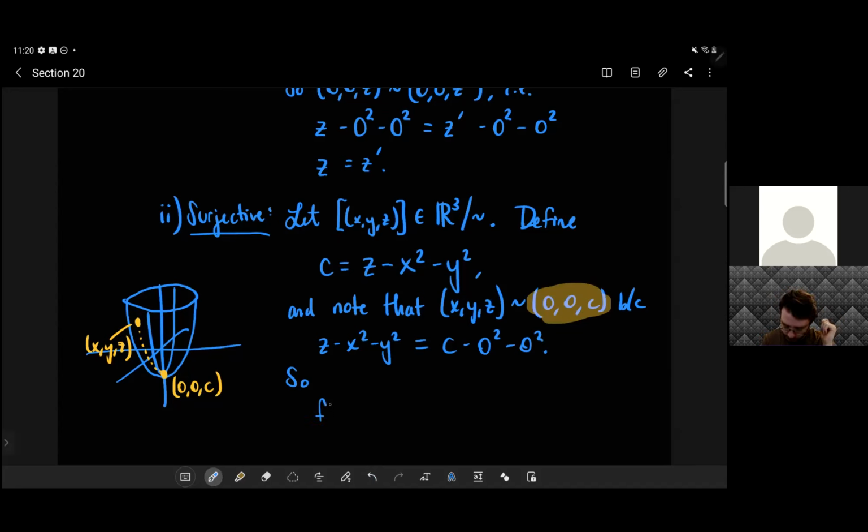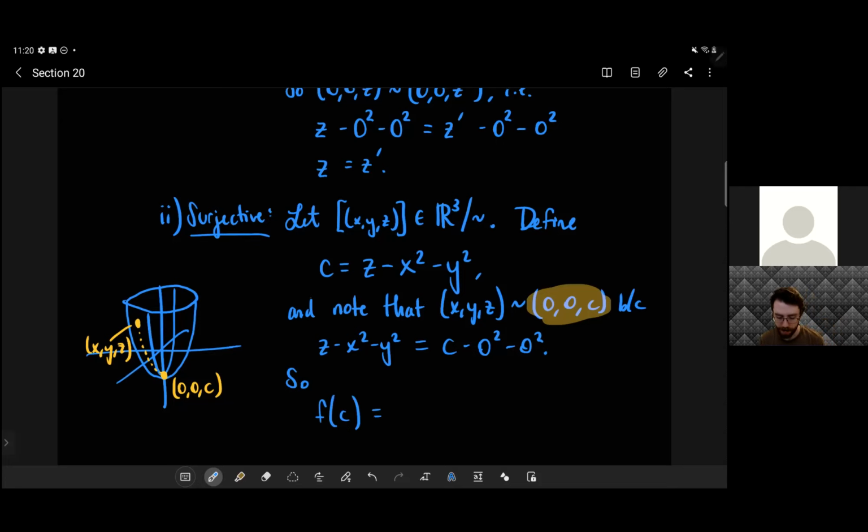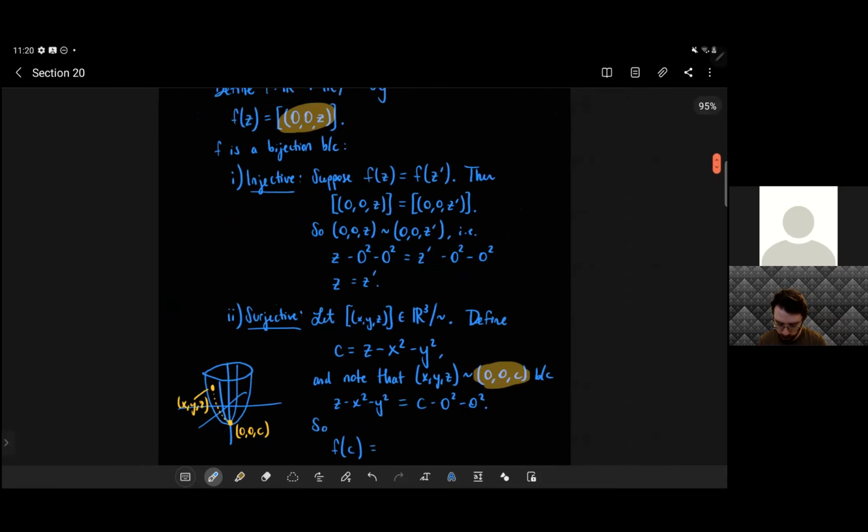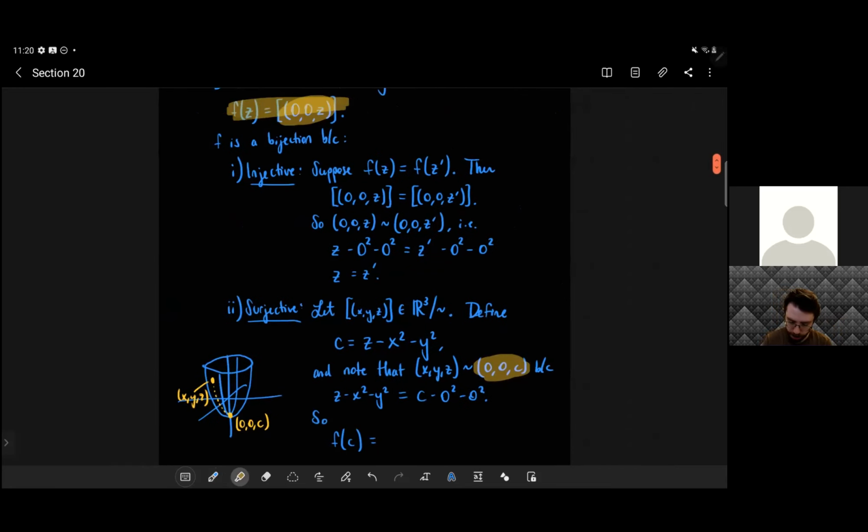Right, so f of c, looking back at our definition of f, just spits out the equivalence class of 0, 0, comma, that point. So f of c is the equivalence class of 0, 0, c. But we just said 0, 0, c is equivalent to x, y, z. So ta-da, we do get some real number mapping to this equivalence class that we picked at the start.